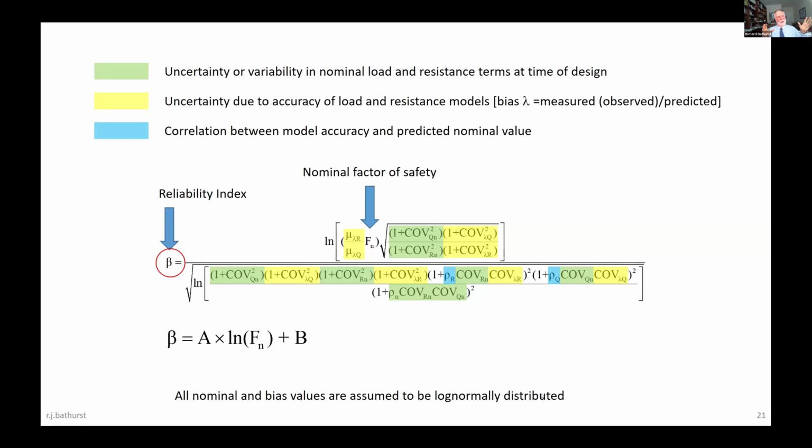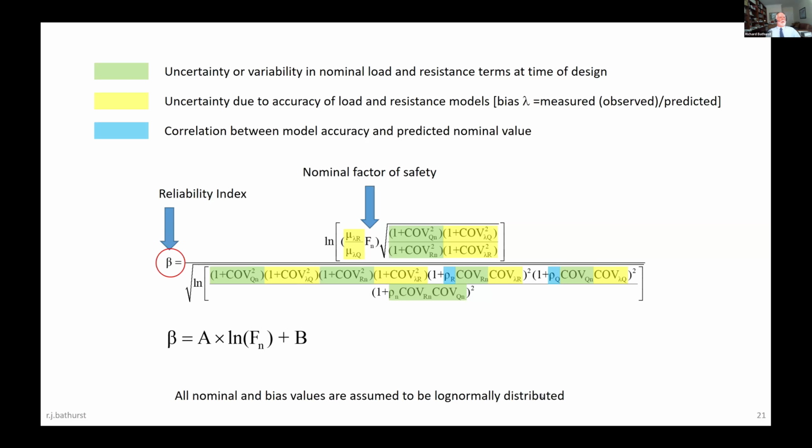And this equation includes quantitatively the uncertainty in the value of the nominal load and resistance at time of design. It also includes explicitly the accuracy of the load and resistance models that are being used in design using bias analysis, where bias is the ratio of measured to predicted, and possible correlations.